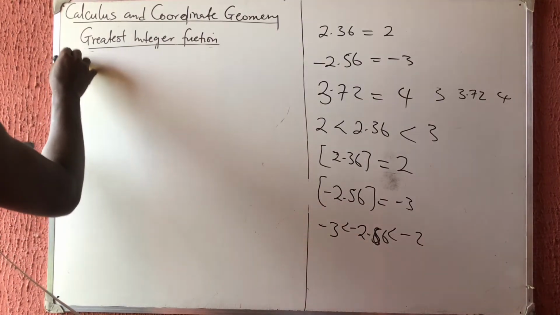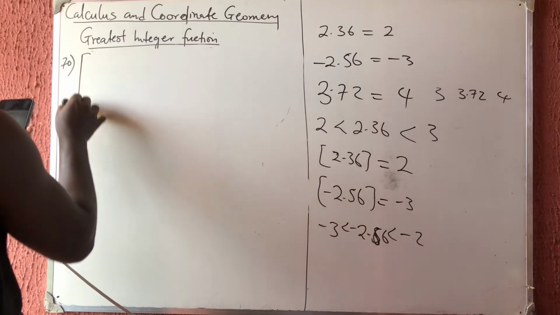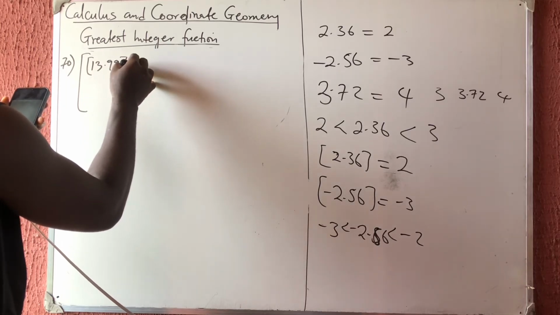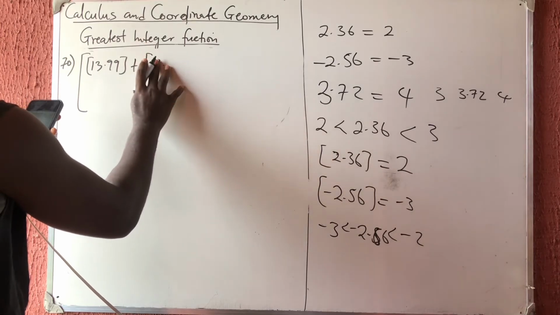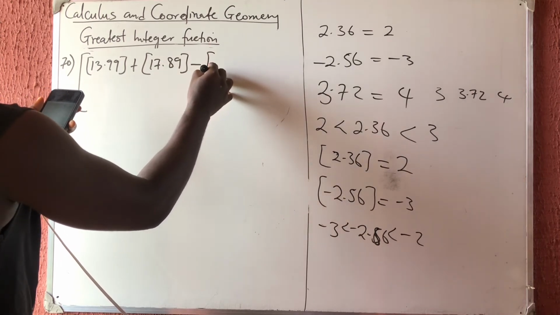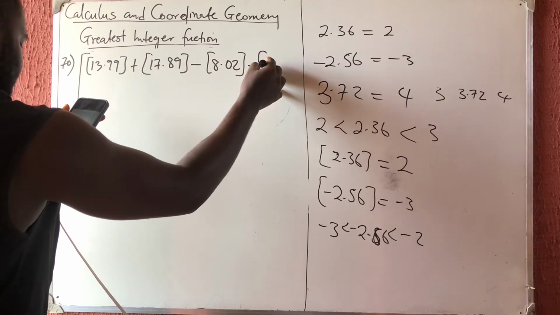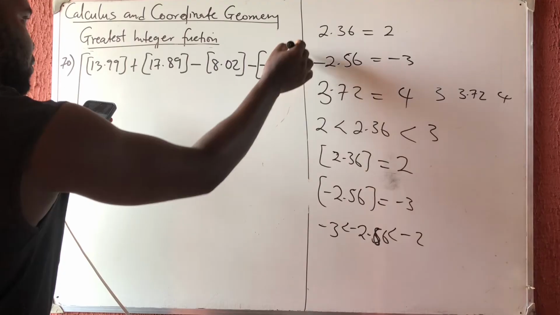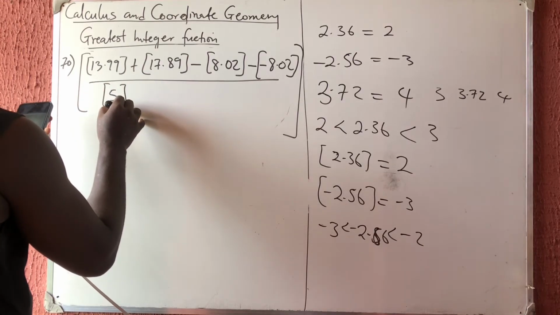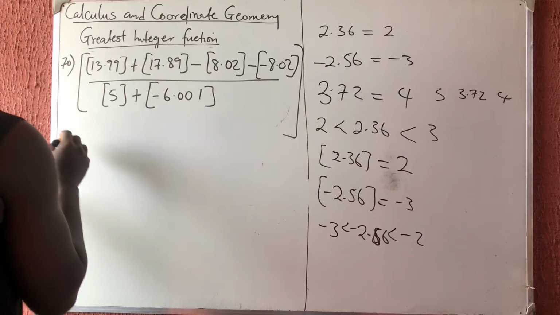Question number 70 said: the greatest integer function of 13.99 plus 17.89 minus 8.02 minus 8.02, then all over the greatest integer function of 5 plus the greatest integer function of minus 6.001. Okay, so this is the solution.